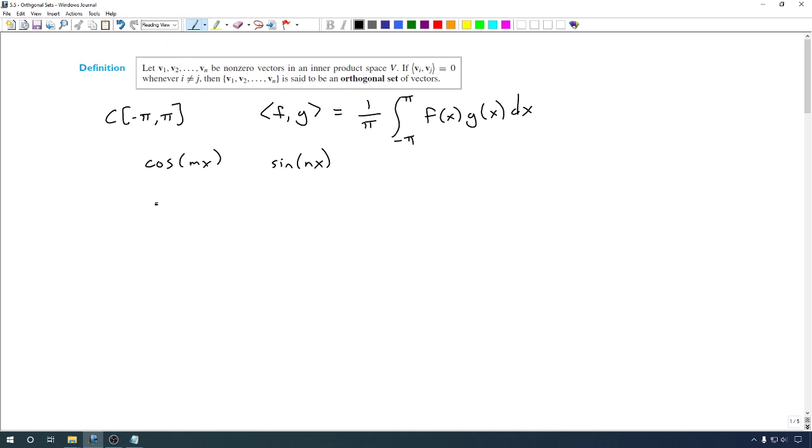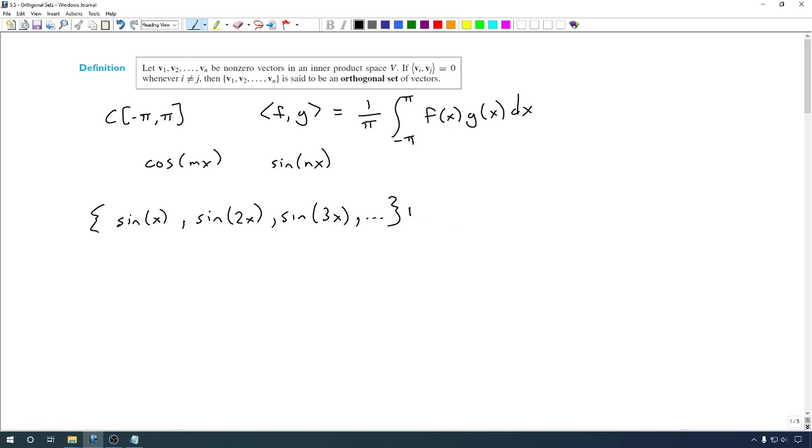What we didn't show, however, is that if we have two different cosines, so cosine of x versus cosine of 2x, or something like that, as long as we have different integers here, those will also still be orthogonal to each other, and the same thing is true for the sines. So if we take a set where we have all the sines, sine of x, sine of 2x, sine of 3x, and so on.